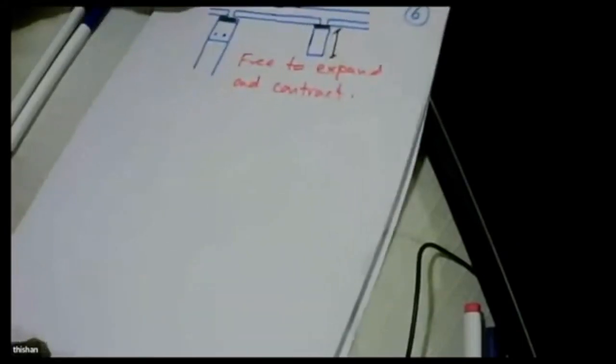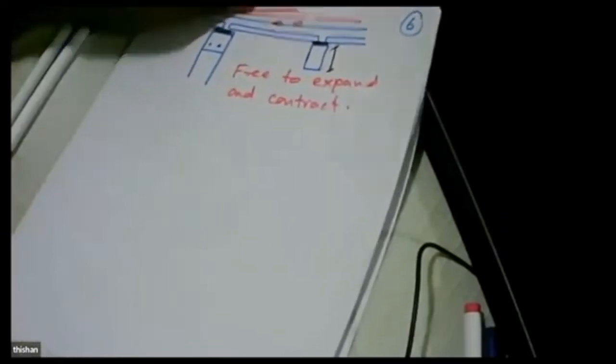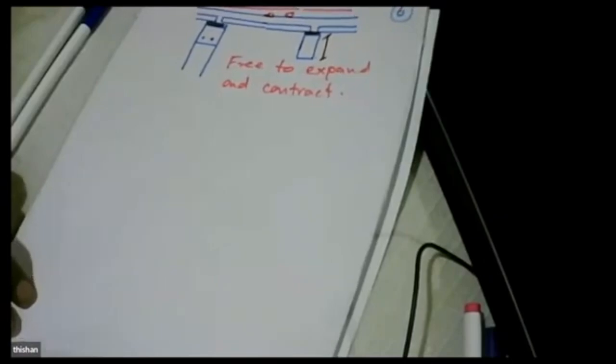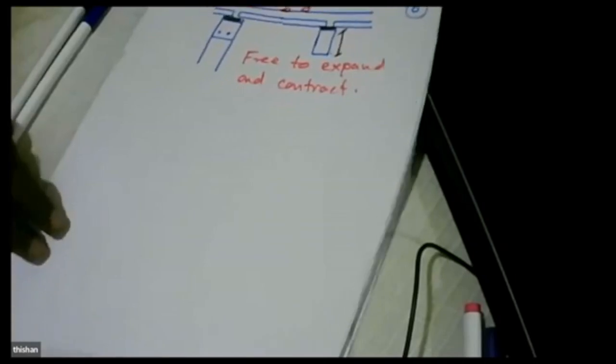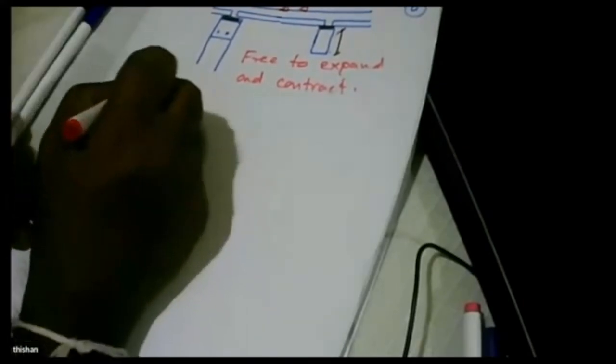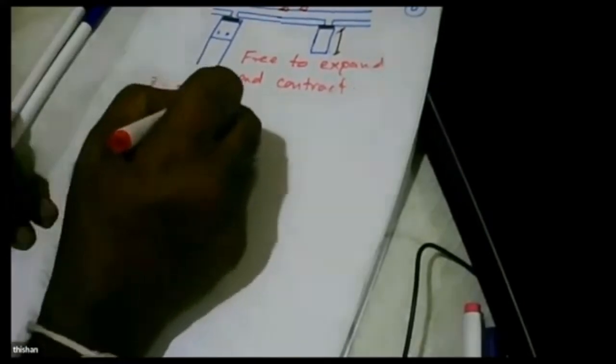Whatever the activity, it's possible to have a slab that is free to expand and contract, so that it will not induce any cracks in the walls. So that's another aspect that is possible to consider, especially when you go up to about 3 to 4 floors.